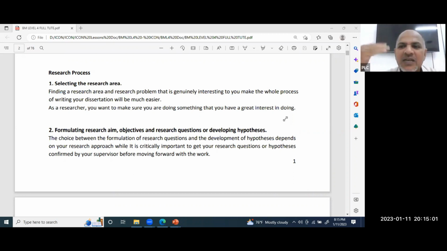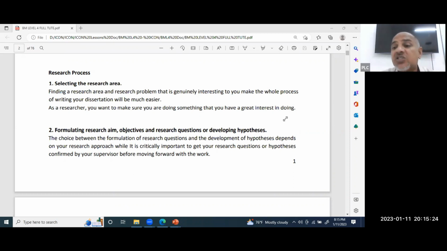For example, you studied marketing, HR, finance, operations. Which subject are you more interested in? Let's say you have an interest in HR. So that is the area you are dedicated to, right? So you have to choose the area of interest, and then do research.